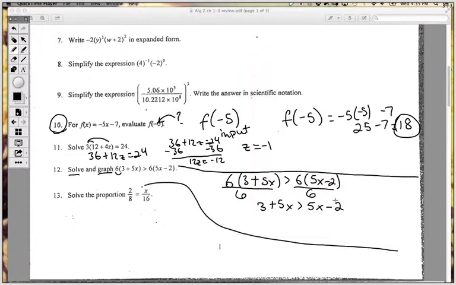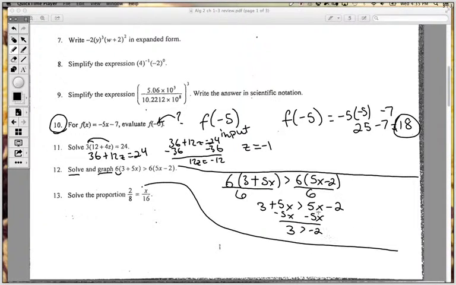That's really weird because all of a sudden I have something happening with these 5x's in the middle. If I were to subtract 5x from both sides, I would have 3 is greater than negative 2.